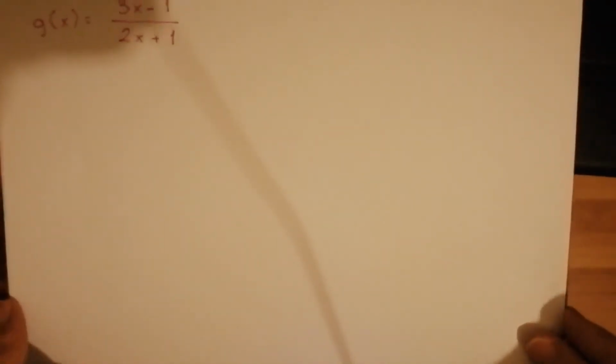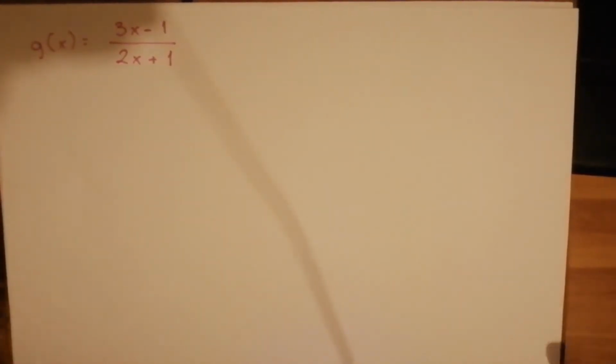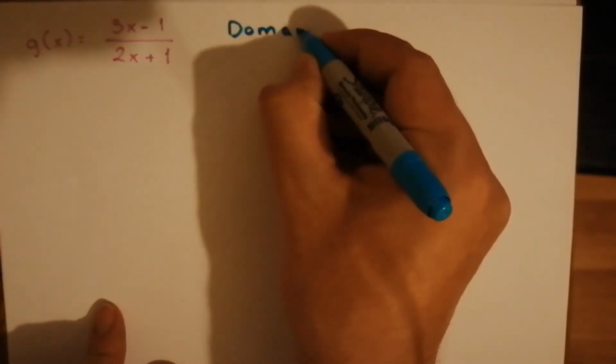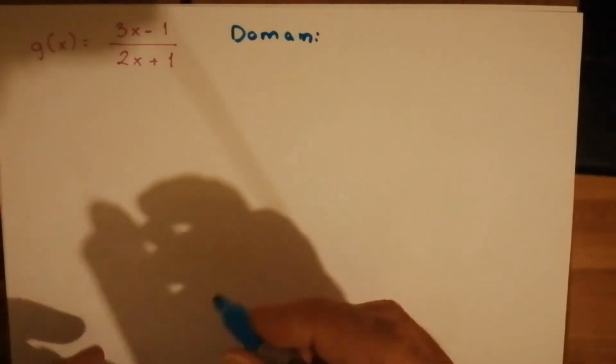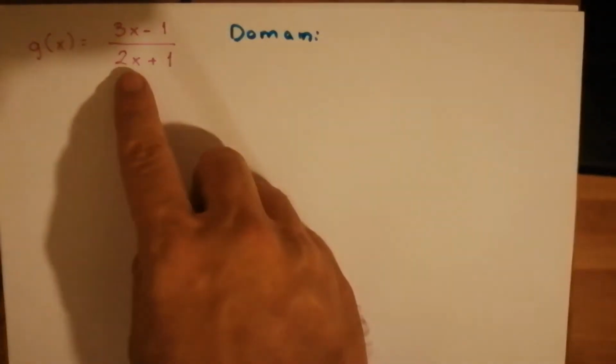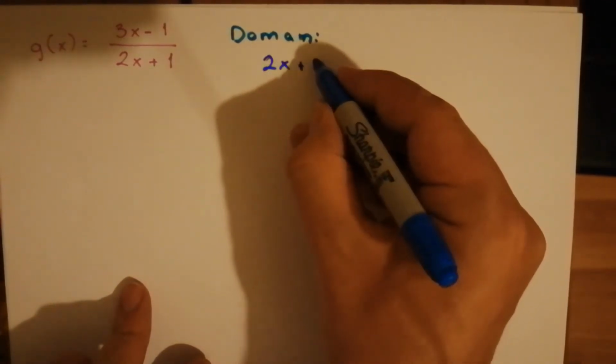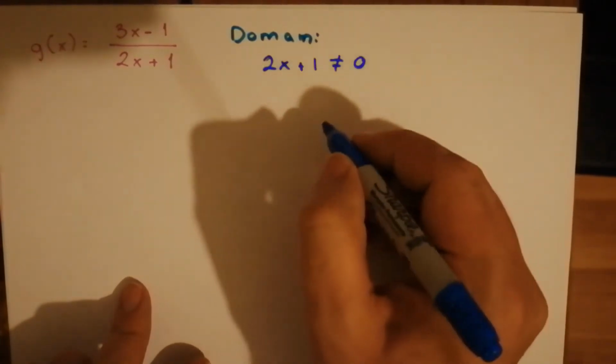Which I already have here. But this time, apart from getting the domain, vertical asymptote, horizontal asymptote, and range, we're also going to find the x and the y-intercept. So the first thing, like always, is the domain, which in this case is, again, only the denominator different than 0.